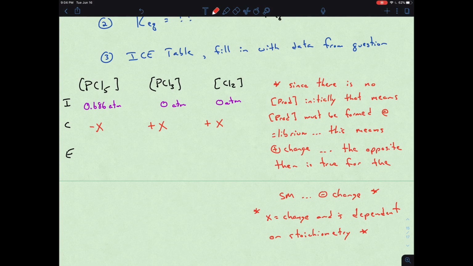So there's this idea of change that's occurring. Now, do we have an idea of change? We actually do. We know from the question that 63% decomposed at equilibrium. So this 63% decomposed, that is getting to the idea of change.